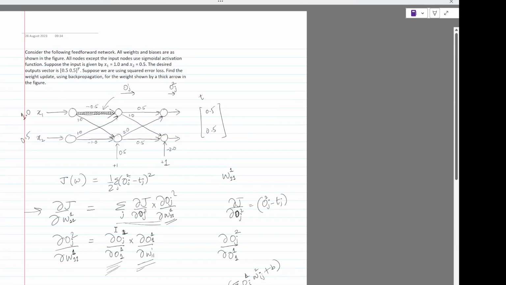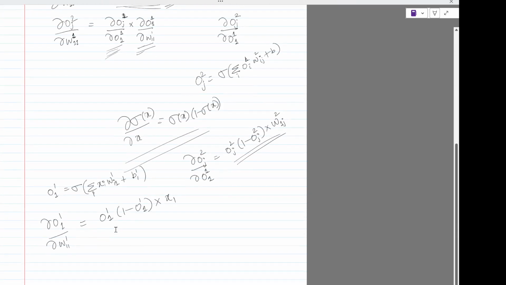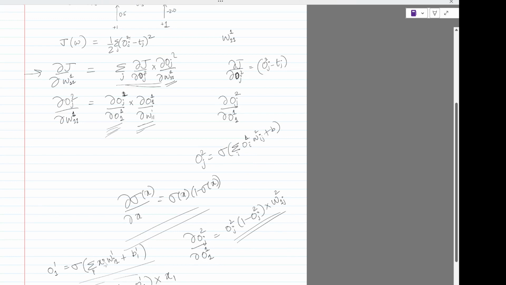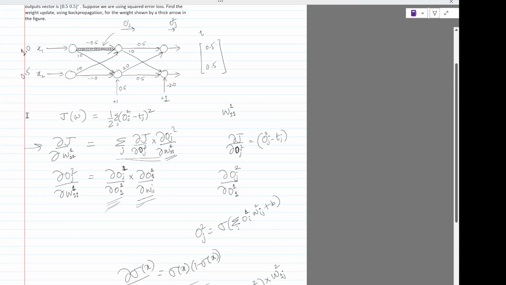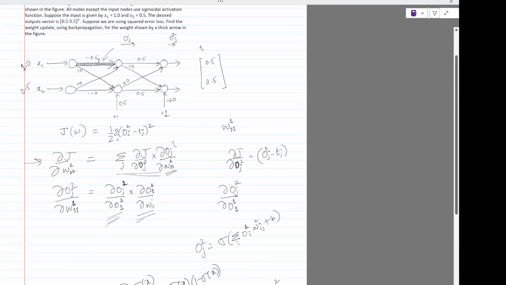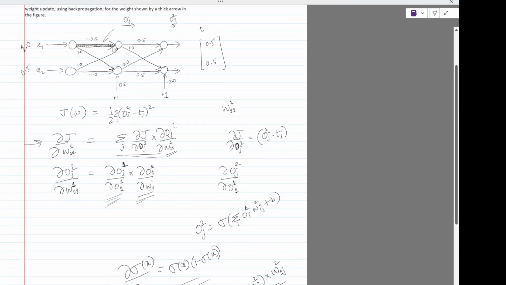So what we have to do is just compute the values. Here the O1 output is this, and the weights and bias, everything is given here. I have to substitute the Xi values, which are just X1 and X2, and the W values given: minus 0.5, 1, minus 1. For this node there is no bias given, on this node there is a bias given.